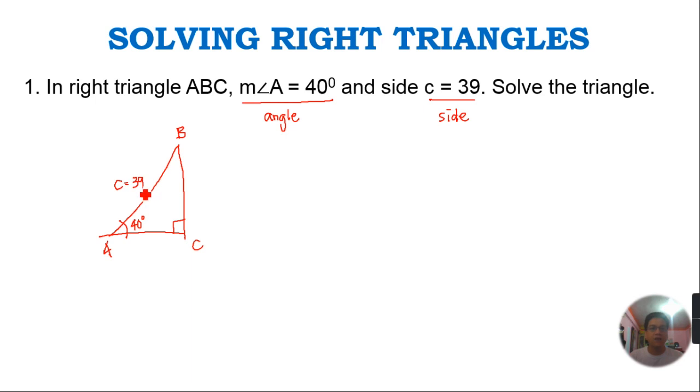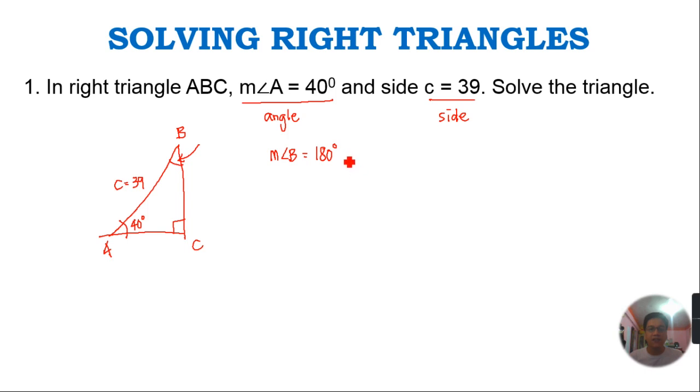Now, what we are looking for as the measurement are the two sides and the angle. There is no problem with the remaining angle. So this is our angle B, because if we try to solve for the measurement of angle B, we can immediately solve for that. Now, the sum of the angles in a triangle is 180 degrees. So we can already subtract the sum of the two given angles.